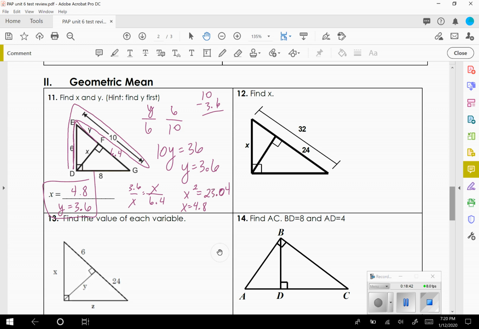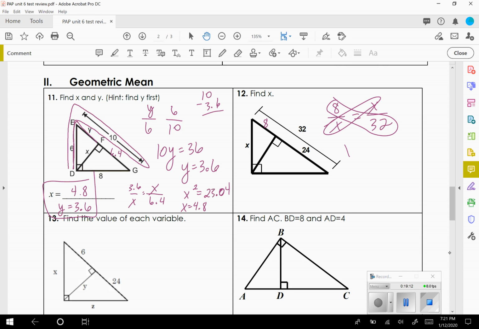All right. Question 12, find x. Okay, we're going to have to do boomerang method on here, but first we've got to do a little subtraction. So do 32 minus 24, which gives you 8. Okay. So you have the leg pieces, which is x there. Okay, the part closest to it over the whole thing over there.